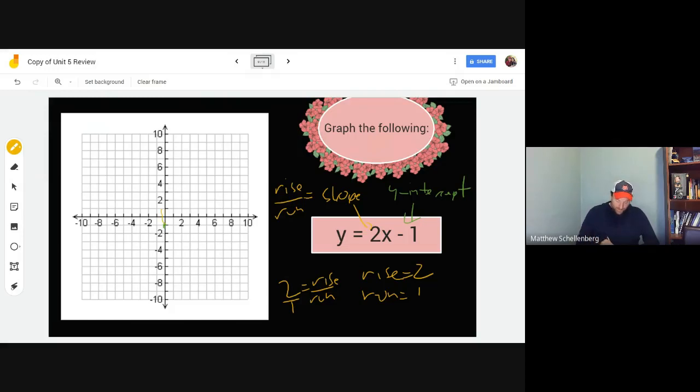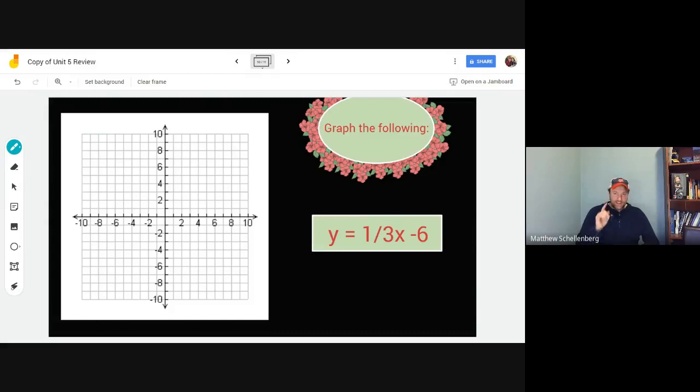And then a run of 1, so we go over 1. And this point right here, which I'll make red for visibility's sake, would be right here. And then if you're very careful, you can draw the line. And that's what you've got to do.